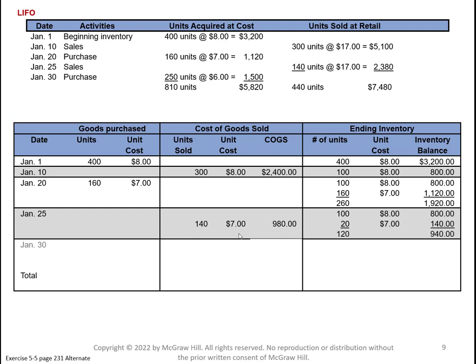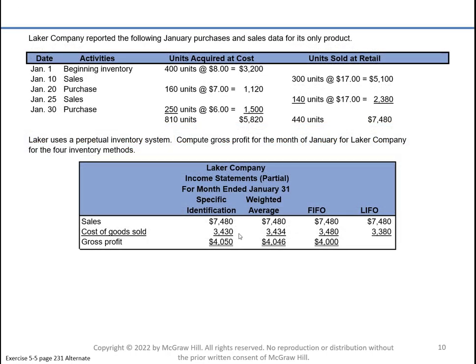We get our subtotals, and then on January 30, we made a purchase of 250 at 6. Bring down our balance. We have 3 separate rows for the ending inventory. And our total cost of goods sold is $3,380. We will enter that here. Gross profit under LIFO then is $4,100.